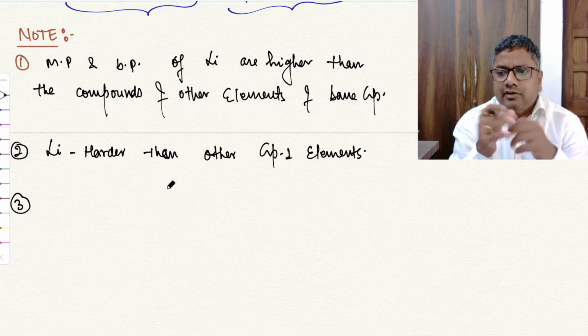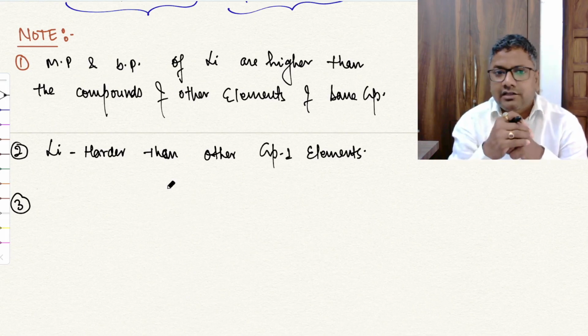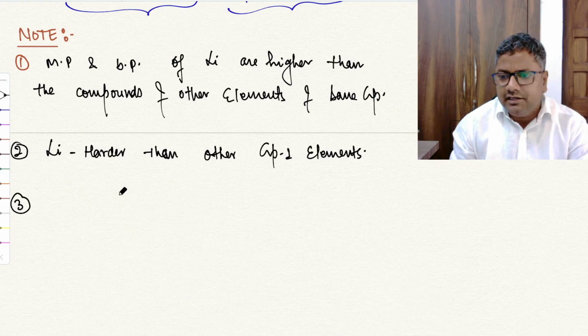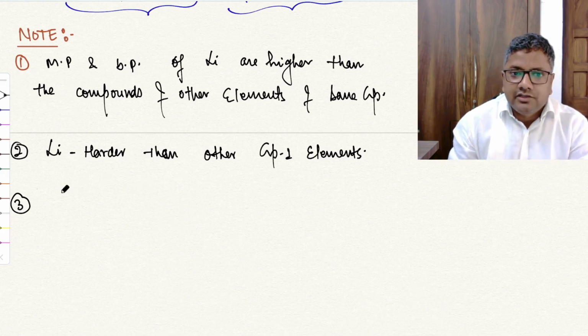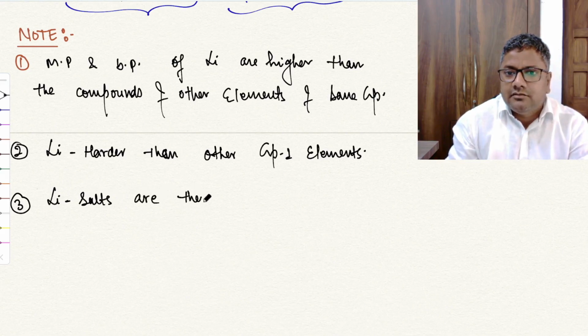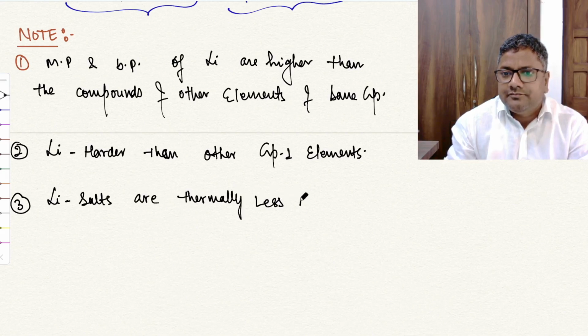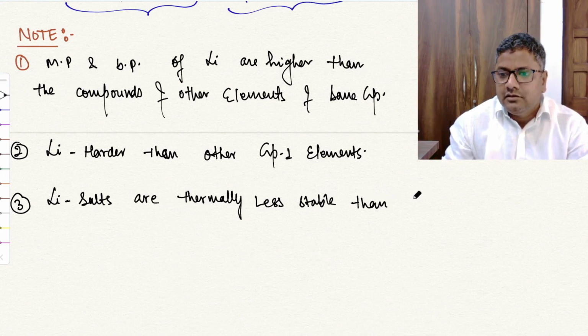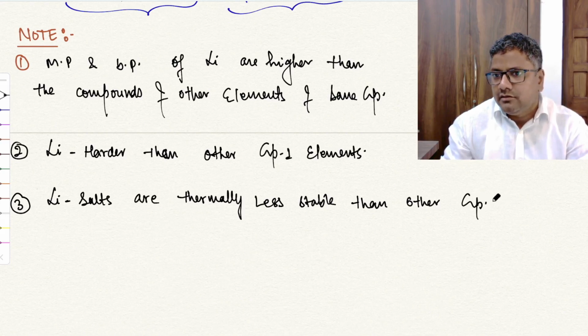And you know, lithium salts are thermally unstable, right? Already discussed this point, but just revision. So lithium salts are thermally less stable than other group 1 metal salts, right?